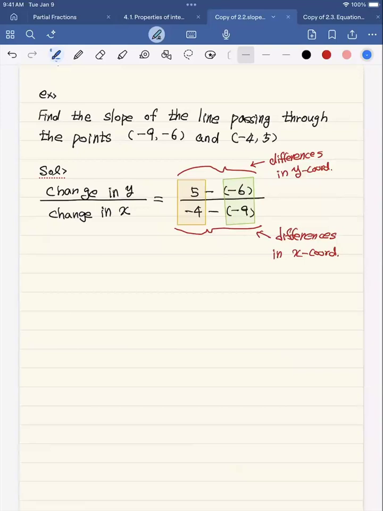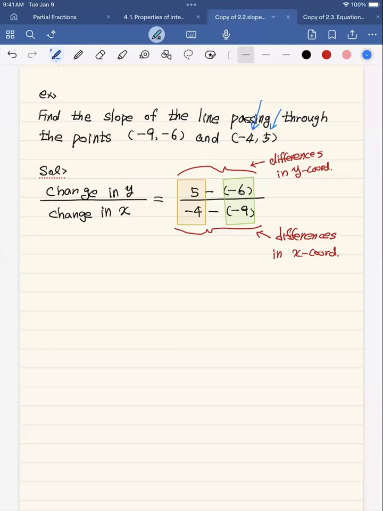In the next example, we want to find the slope of the line passing through the points -9, -6, and -4 and 5. As I said, you will organize the points in a way that x coordinate and y coordinate are vertically well arranged.